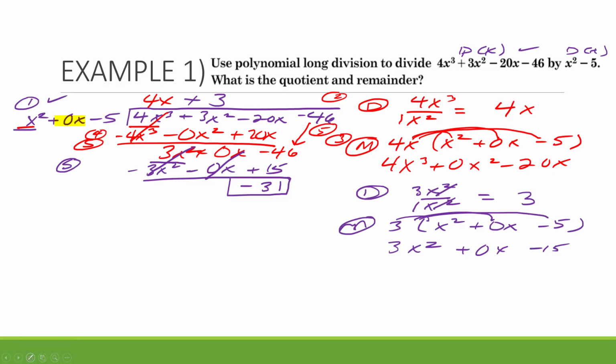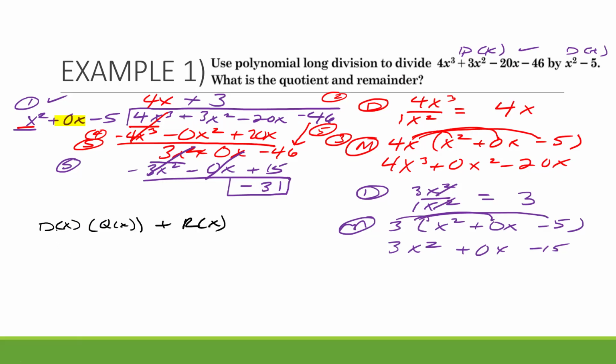So my solution is 4x plus 3. I'm sorry, don't write that. I want to write it in a pattern so you can remember. Our solution is always going to be your original divisor times your quotient plus your remainder.